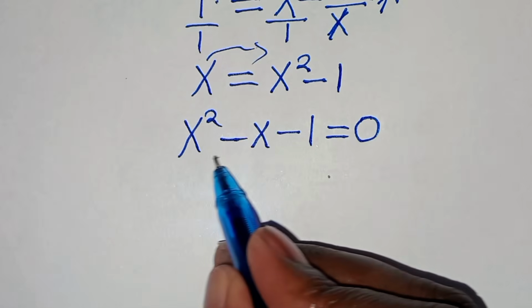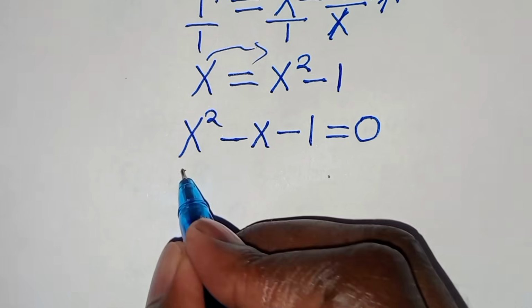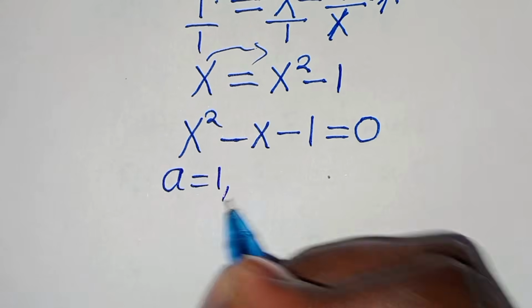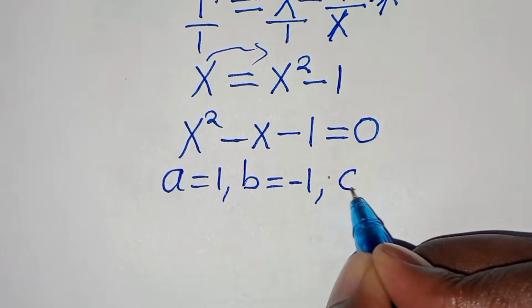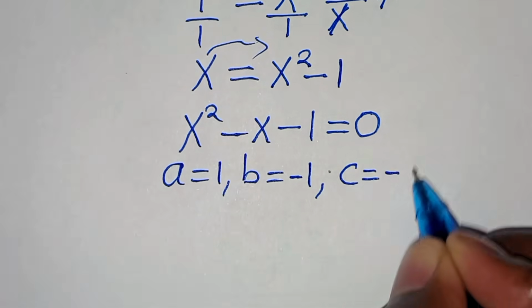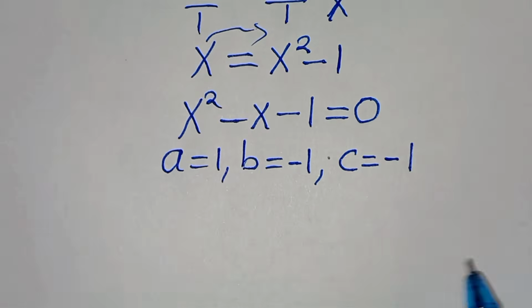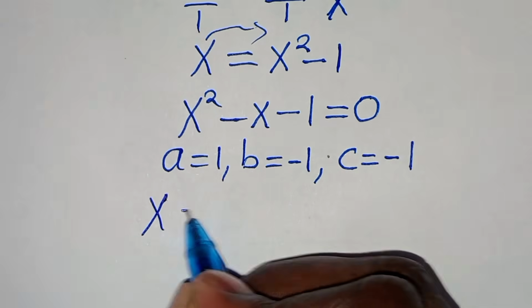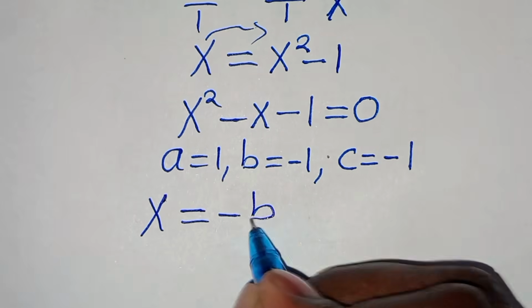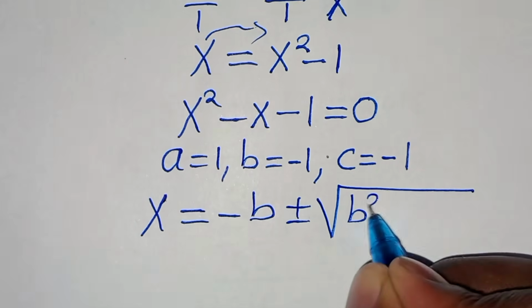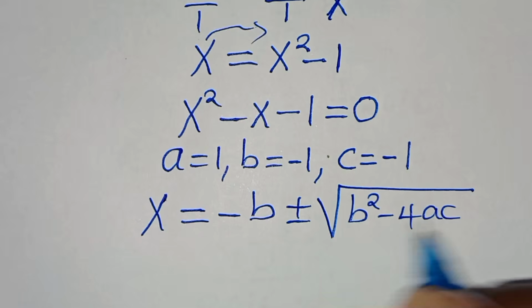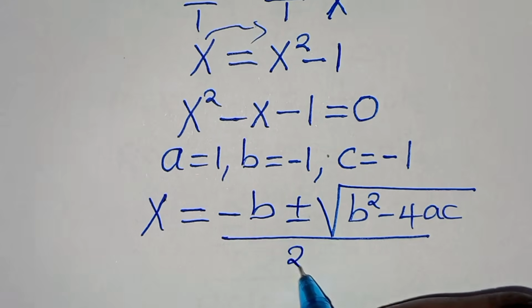We form a quadratic equation here where we have a equal to 1, b equal to minus 1, and c equal to minus 1. Now, for x here, we apply the quadratic formula, which is minus b plus or minus the square root of b squared minus 4ac, everything divided by 2 times a.